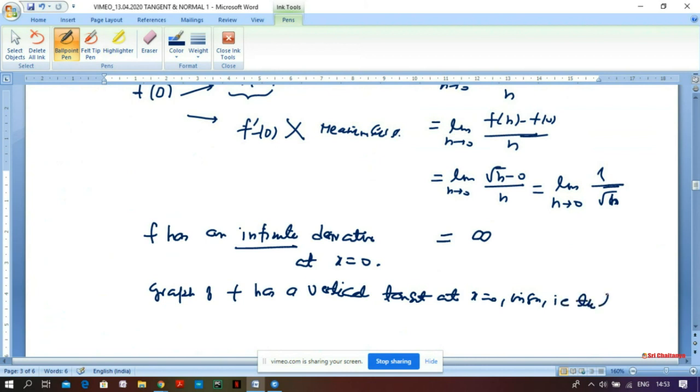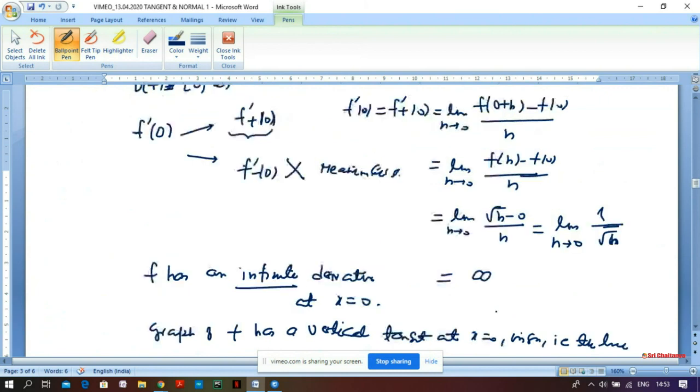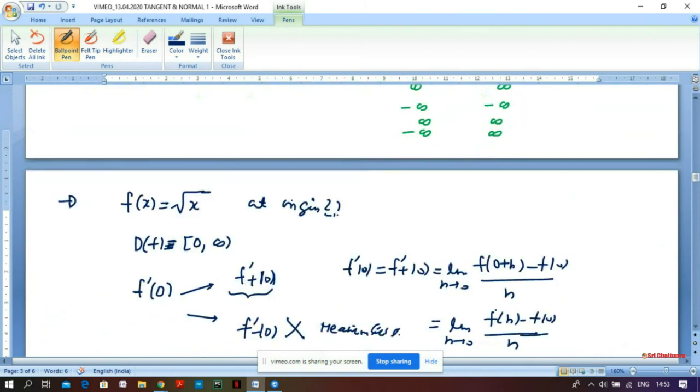That is, the line x equal to 0 is the tangent to the curve at the origin. So we have seen in all cases, here also, if I draw the graph, this curve looks like this one. And here also this line, again x equal to 0, is a vertical tangent to this curve.